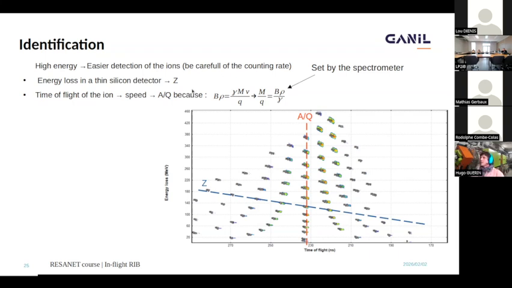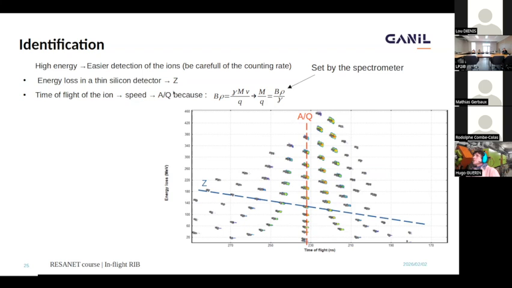But with a silicon detector, you can easily have the energy loss of the ions, which will lead you to the Z of the ion. And with the time of flight of the ions, for instance from the cyclotron to your silicon detector, you have access to the speed, which leads you to the A over Q.